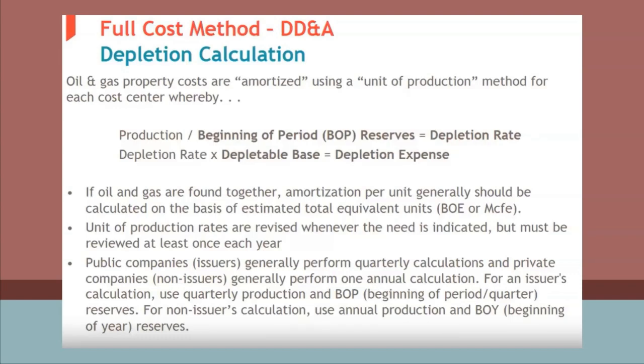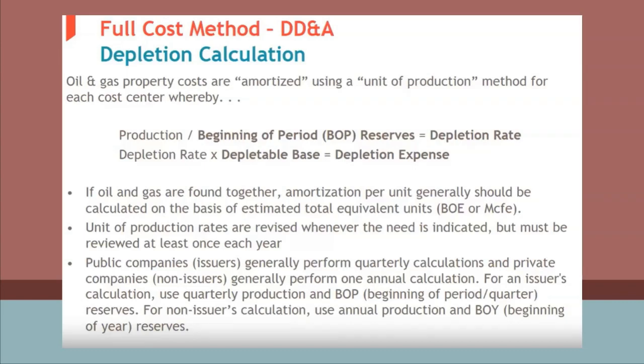For an issuer's calculation, you use quarterly production and beginning of period or quarter reserves. So in that first calculation of the depletion rate, say this is Q3's calc, you're going to have all the production from Q3 divided by the reserves that were estimated at the beginning of Q3.